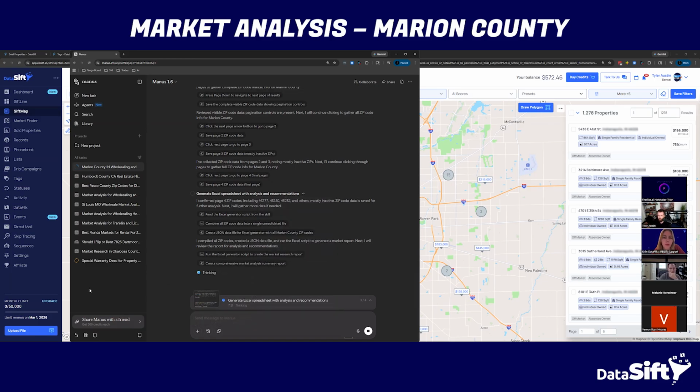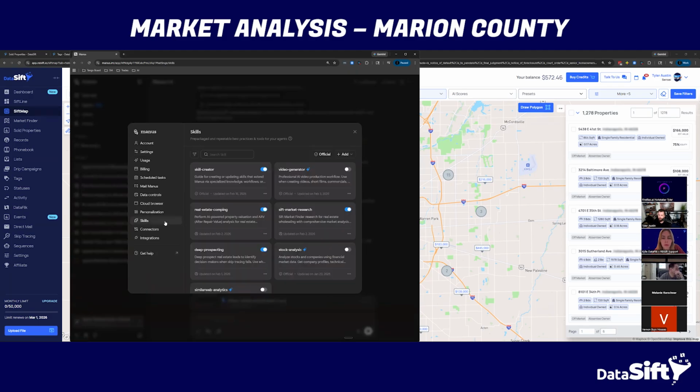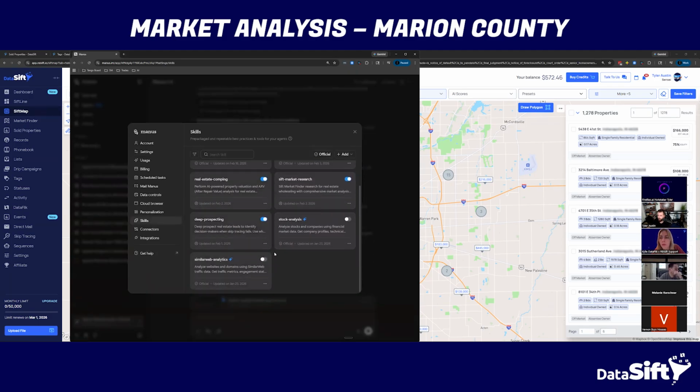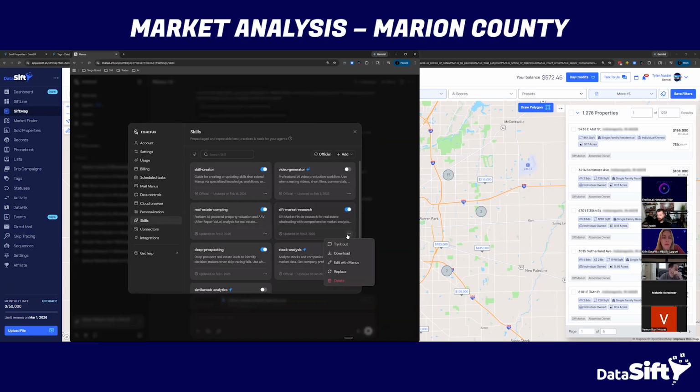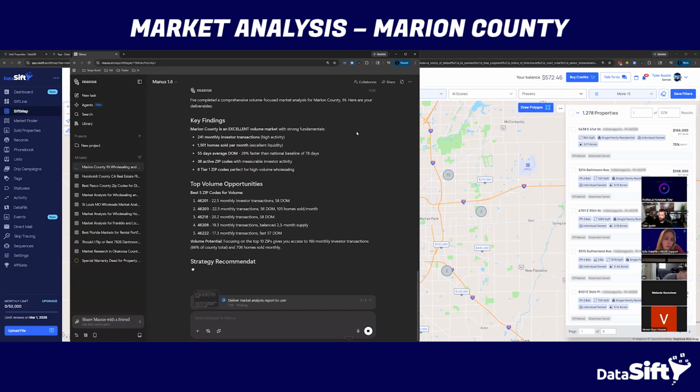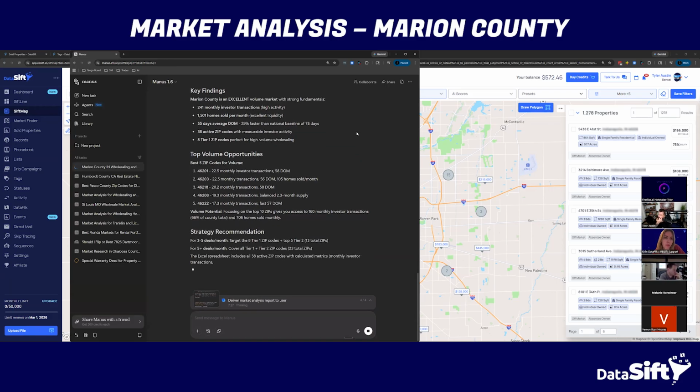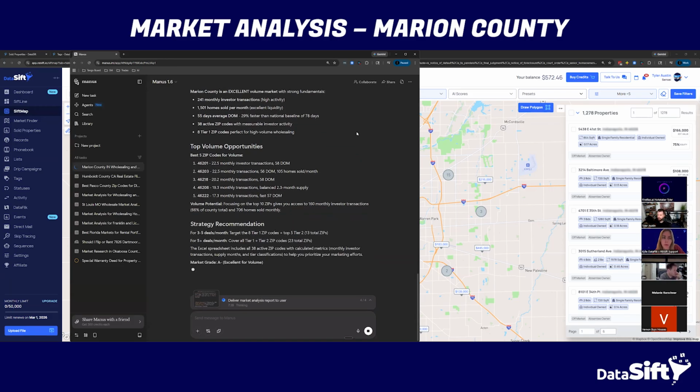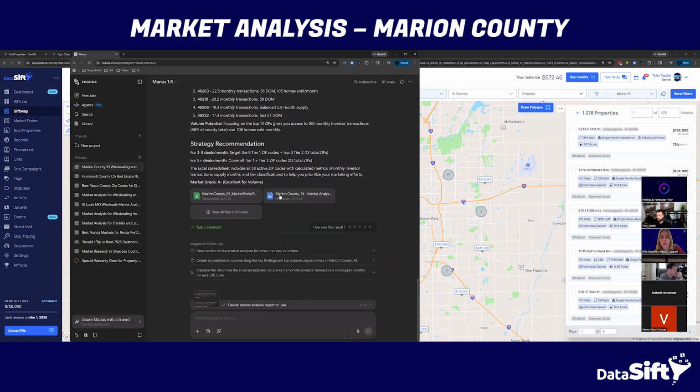And then you click on your settings, and you go to your skills, and then you click on your market analysis one and say edit, and then just tell it what your username and password is, and it will update the skill, and then you can use it.